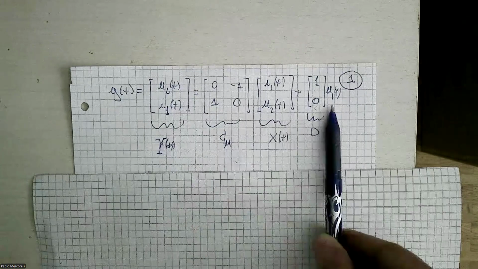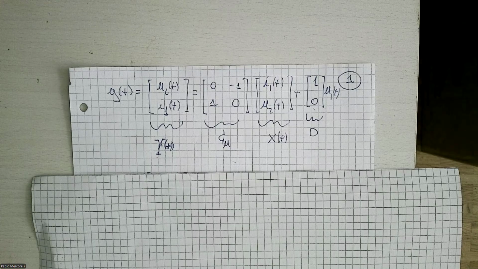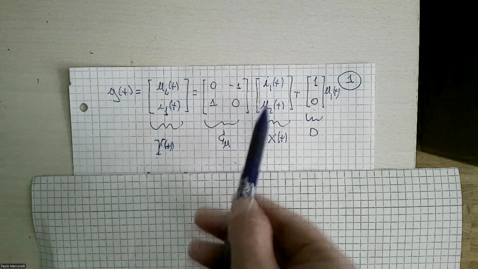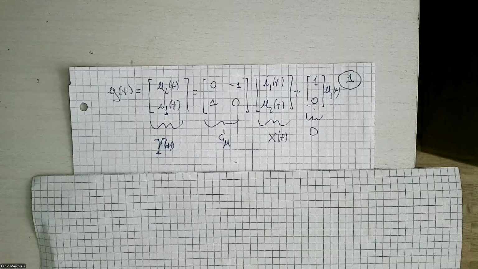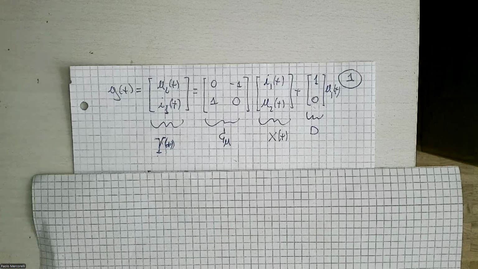But we will change this. I1, excuse me, I don't remember. Yeah, I1. U2 and I1, the states, exactly the states. We can see that we have 1, 0 because the state vector is I1, U2. Of course, here 0 because when we are considering just the states, we have a D equals 0, the corresponding component of D equals 0.